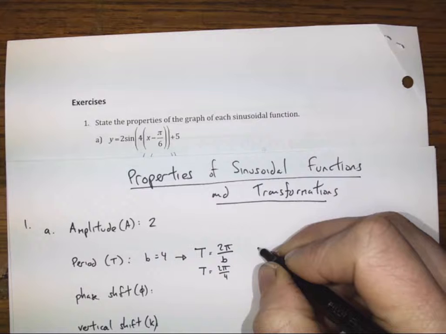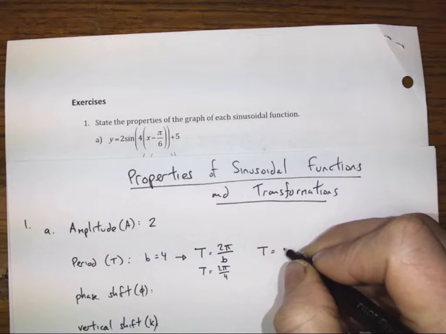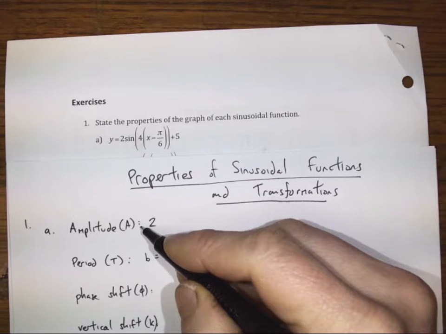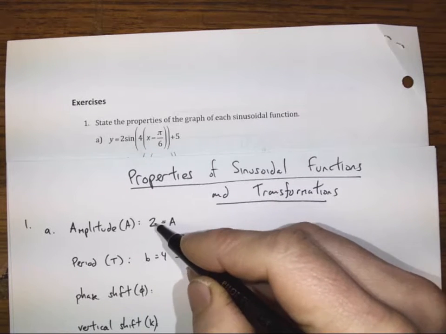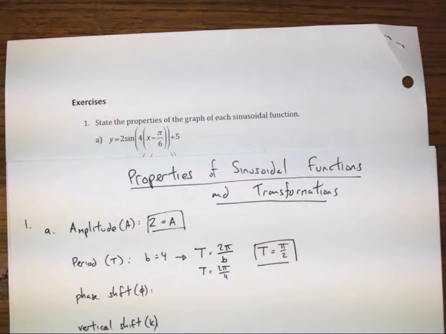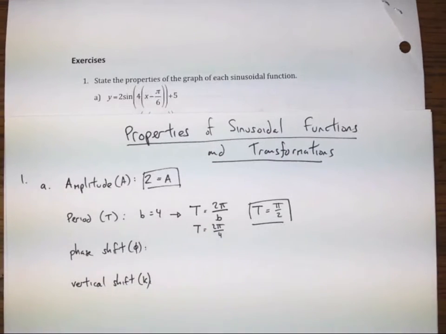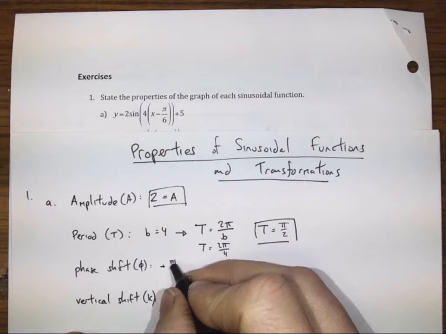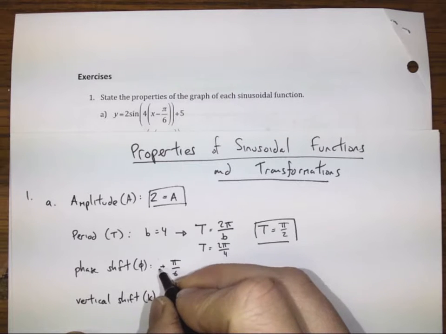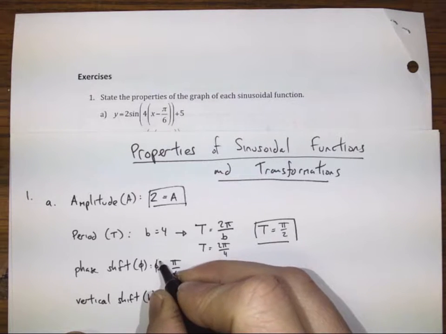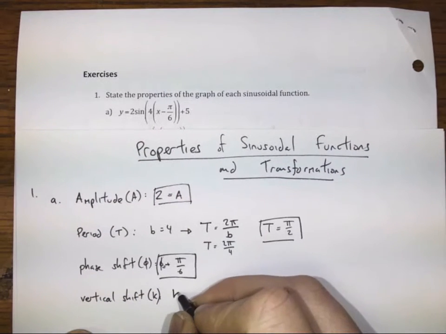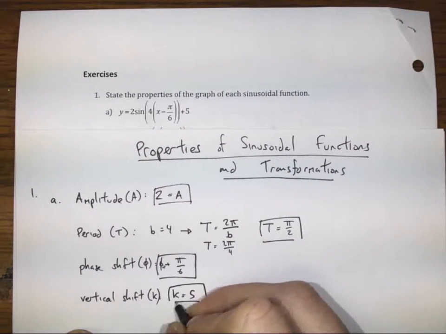So that simplifies, so our whole period is equal to pi by 2. I'll just maybe put these in boxes so they're easy to check in the PDF. Our phase shift, we can read here, is going to be positive pi over 6. That's phi equals. And our K value is 5.